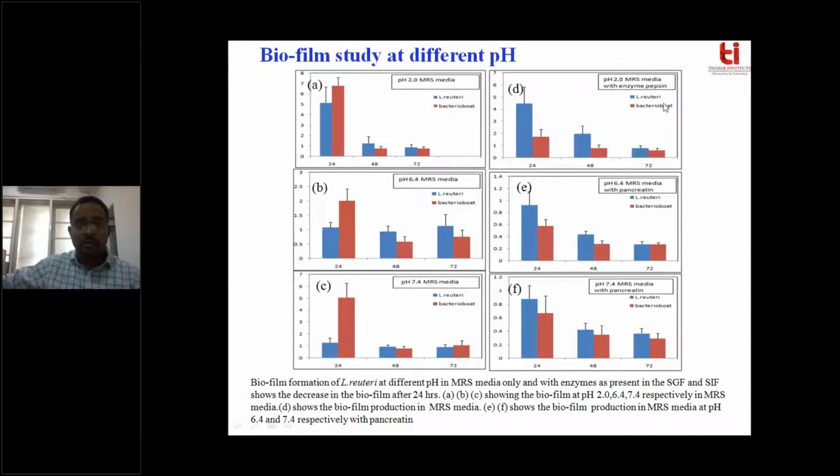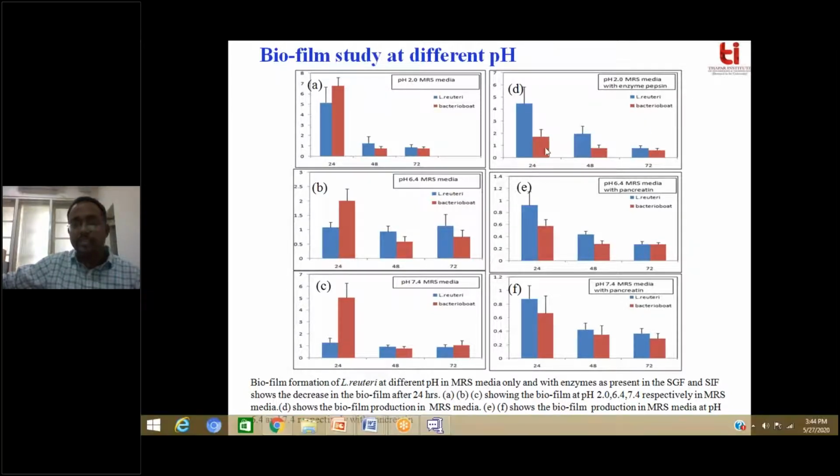We saw that in both conditions they produce a lot of biofilm. With increasing enzyme concentration, obviously the biofilm concentration decreased, but that's good enough so that it can go and adsorb on the surface. If it would be absolutely zero, then the absorption rate would be much less. But if the production rate is high, then it can go and stick.